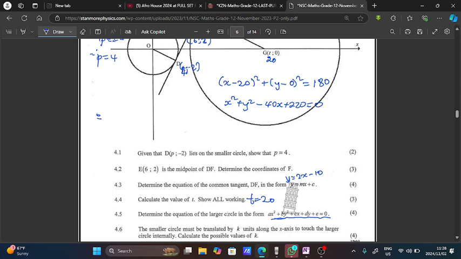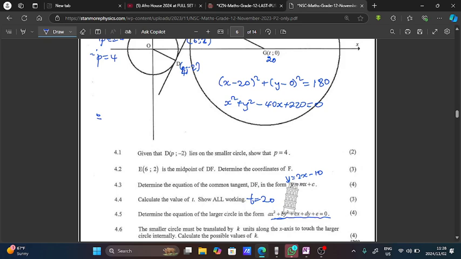So that's after expansion. Now the smaller circle must be translated by k units along the x-axis. If it's translated along the x-axis, it must move only by x, not y, to touch the larger circle internally.